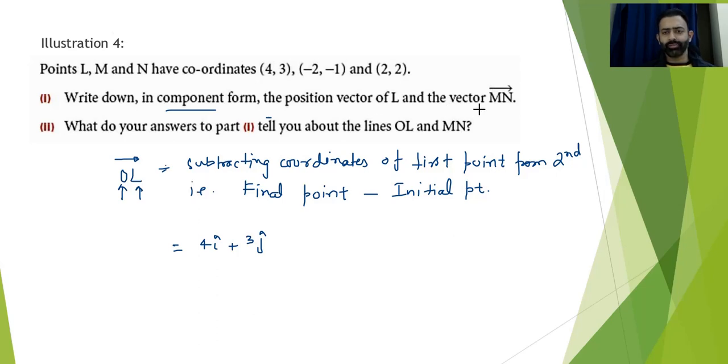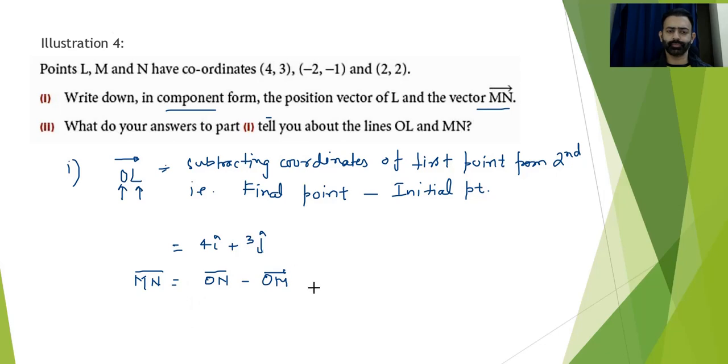Then we have to write the vector MN. This is the first part we are doing. So vector MN, as I said, if you have to write any vector in component form, just subtract the coordinates of final minus initial. That means MN can be written as the position vector of ON minus the position vector of OM.